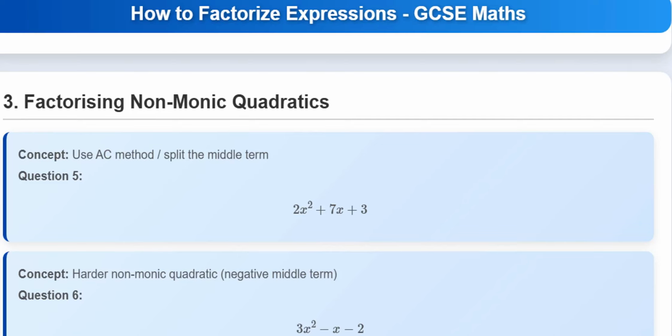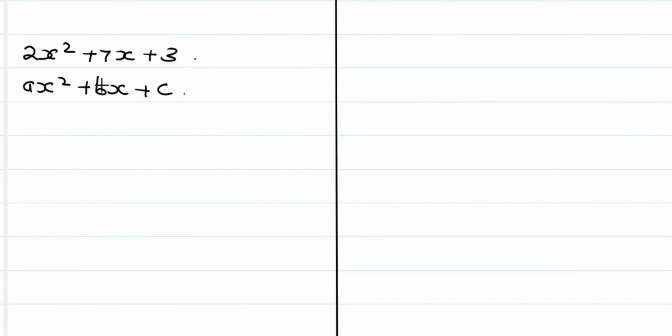Let me show you. First, we need to find two numbers, m and n, such that when we add them, they give us 7 as usual, which is b. So in our case, b is 7. Now, in this case, c changes a bit. Instead of using 3, we take the coefficient of x squared, which is a, here 2, so a multiplied by c.